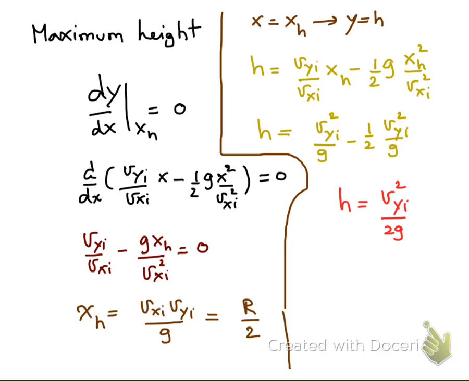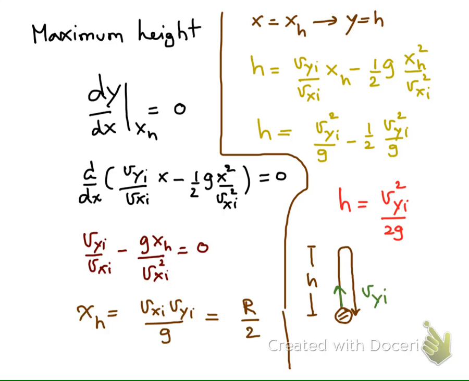It means that if you have an object and you throw it vertically, the maximum height here is equal to h if the initial velocity is equal to vyi.